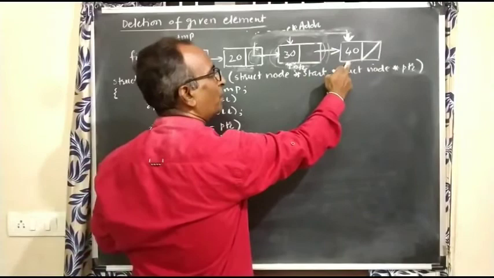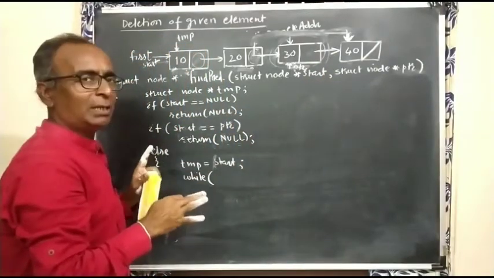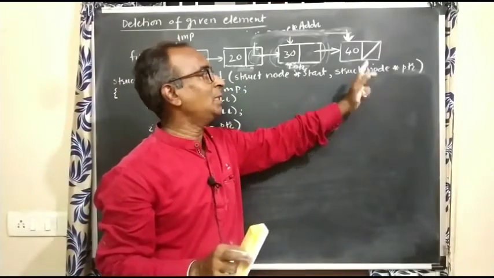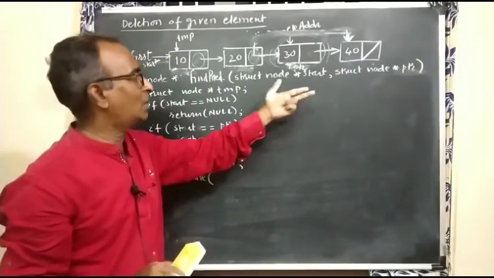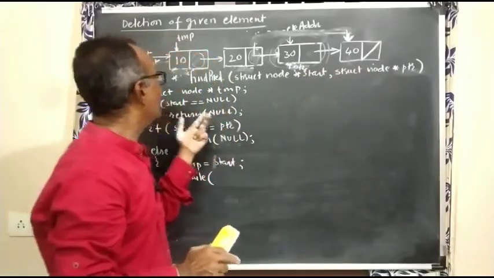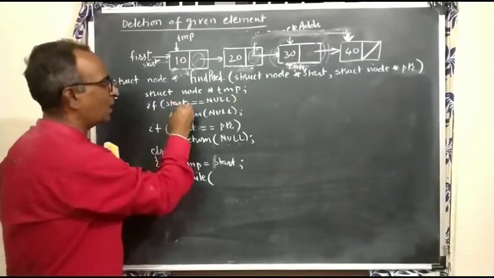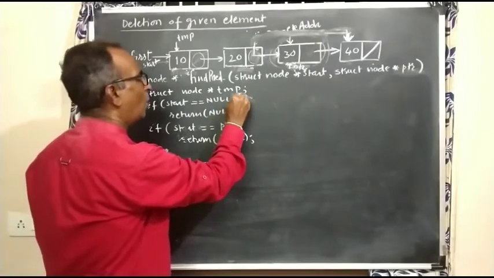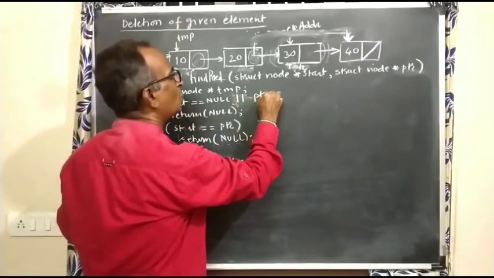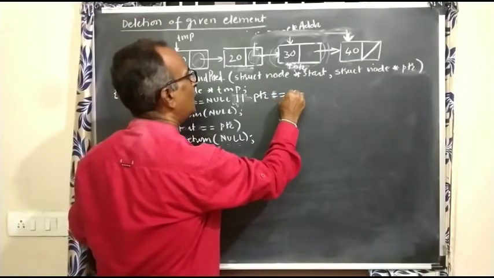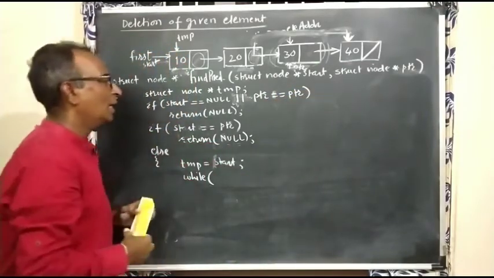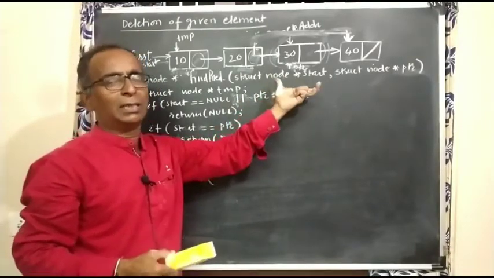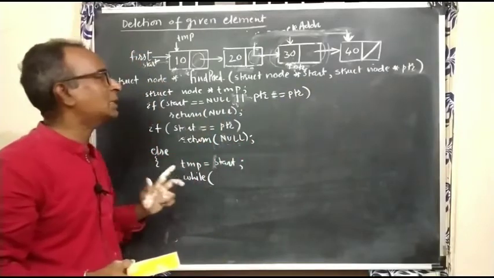When PTR is there, when the element is there, only then are you sending that element's address, right? If the element is not there, you are not sending this. If start is equal to null, or PTR is also null, in both cases it cannot find a predecessor, so you can directly return null.